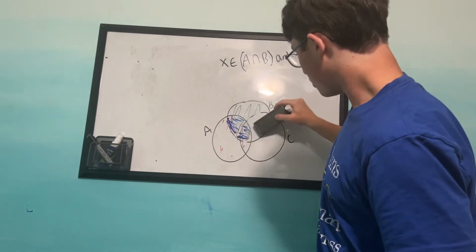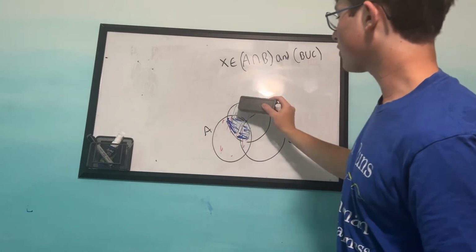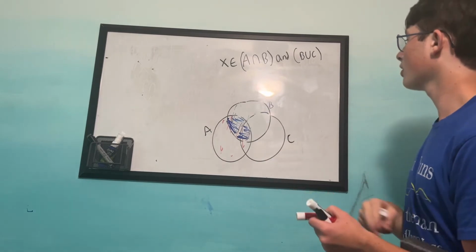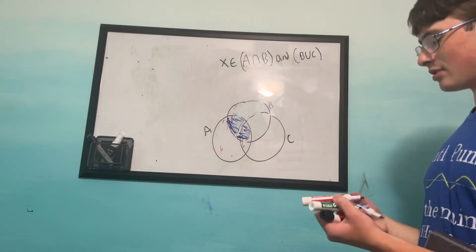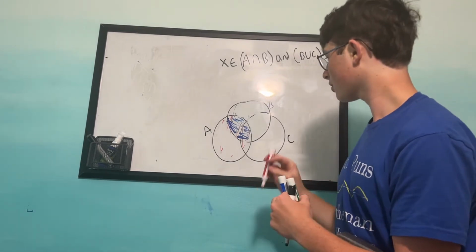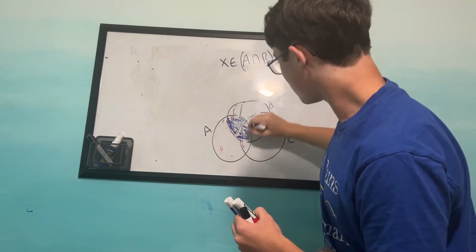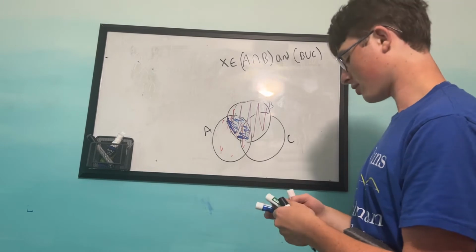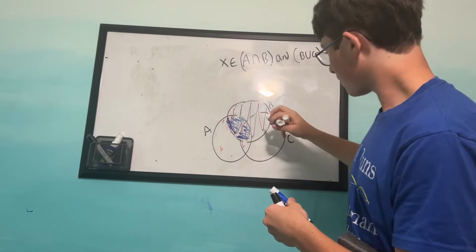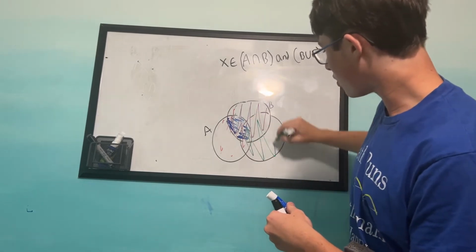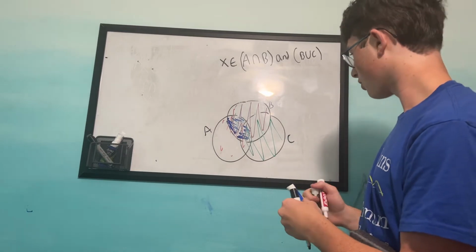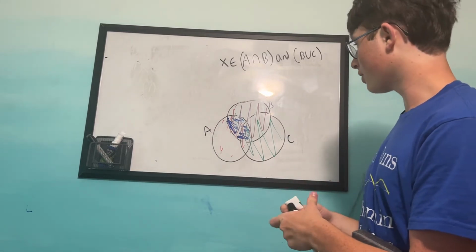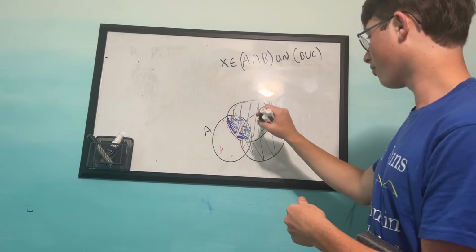And then we can erase this extra stuff. So it has to be in blue. And then the union of B and C, so anything in B, so that'd be all this stuff, and anything in C, so all of this stuff. So that would be anything red or green.